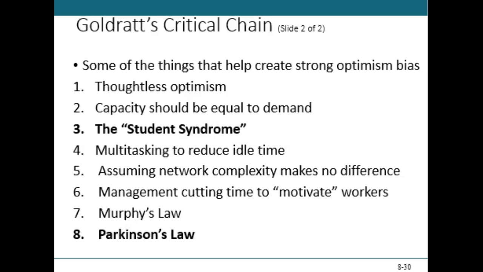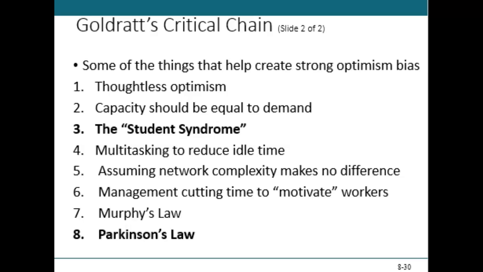And he did this for several reasons. He found that activity owners have natural issues, right? It's human nature. Sometimes it's thoughtless optimism. Sometimes we just feel like capacity should equal demand. He would consider the student syndrome, right? When we were students in college, sometimes a paper is due and you knew you had 3 weeks to do it.